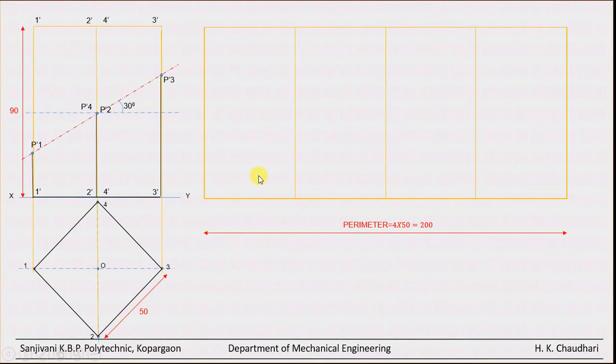Now you can give the names 1, 2, 3, 4 and this 1 dash. 1 dash is the overlapping edge with 1 dash 1 dash. It is the overlapping edge with 1 and 1. Clear?